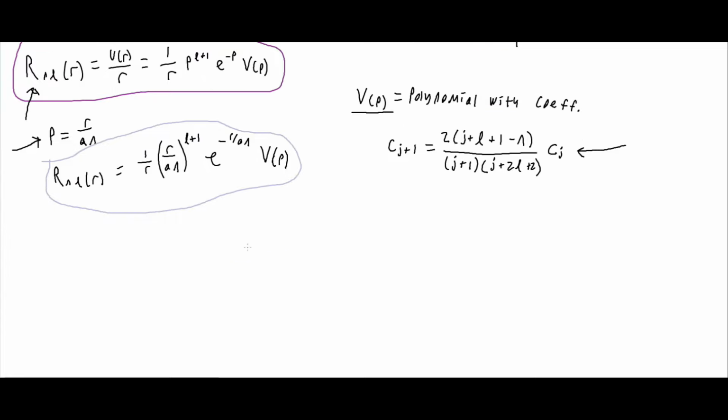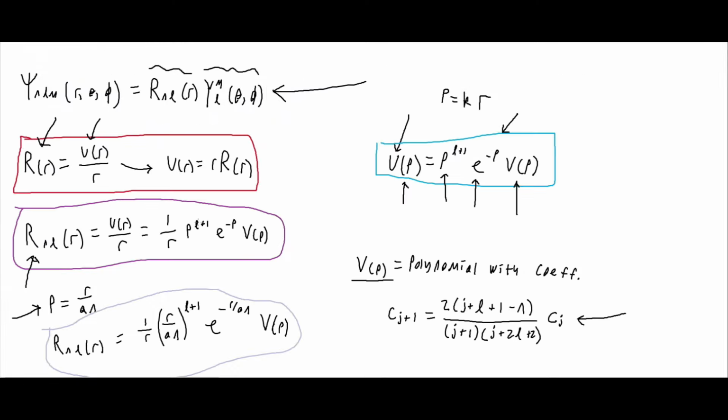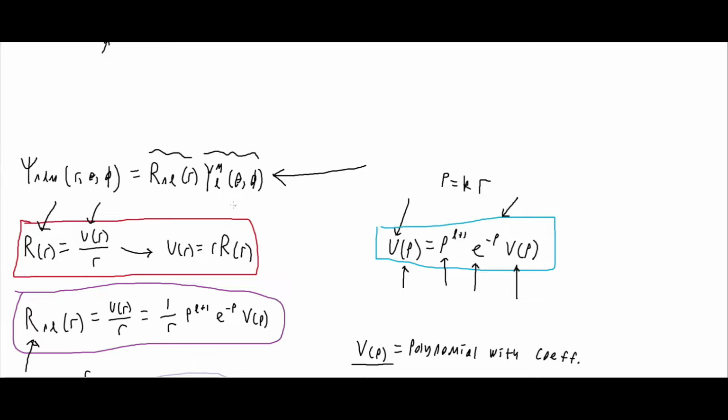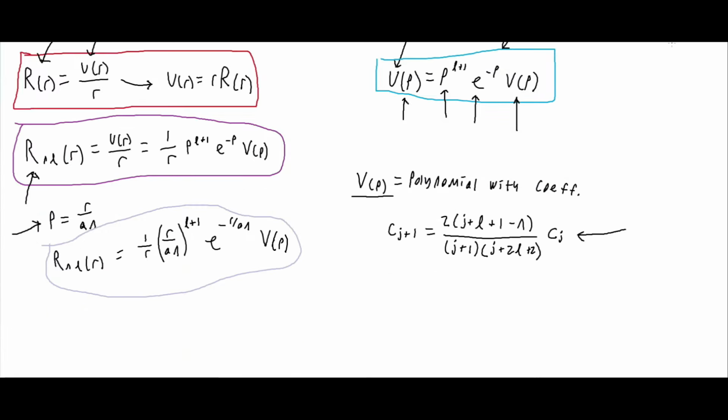If we go up here and try to solve for n equals 1, then our L has to be equal to 0, and this j plus 1 is going to be equal to 0.